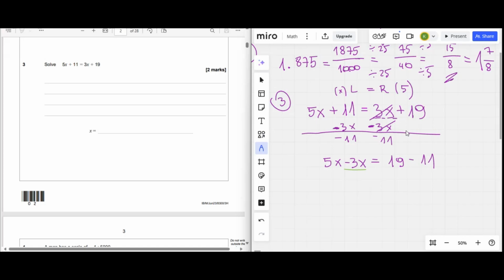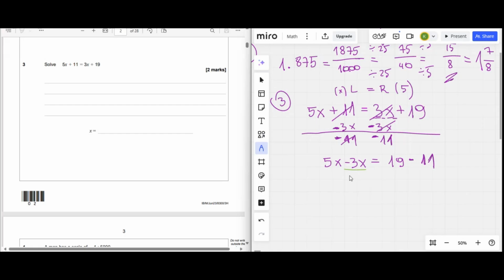In the same move, we can sort out that 11 that is on the left-hand side, but it's just a number without an x in it. So let's move that 11 to the right-hand side. To do this, let's subtract 11 on the left to cancel it, but we need to do the exact same thing on the right side, minus 11. That's why it's there.